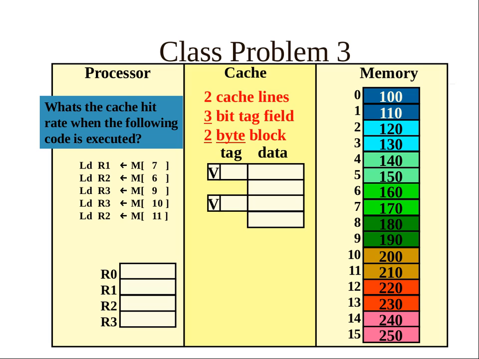Yeah, so that one's going to be a hit. The next is a miss. So what about the 9? Is that a hit or a miss? Oh, tricky. No, this one's going to be a miss. Yes, that one's going to be a miss. 11's going to be a hit. That's correct. All right, good job.